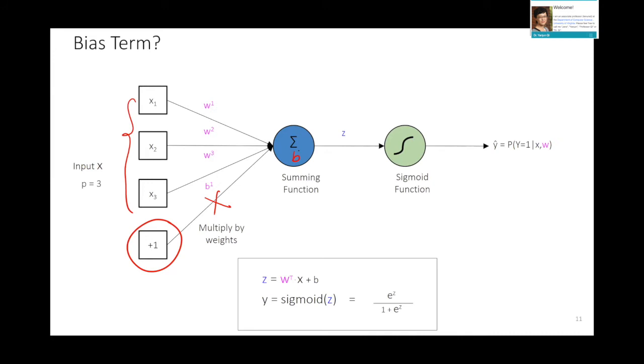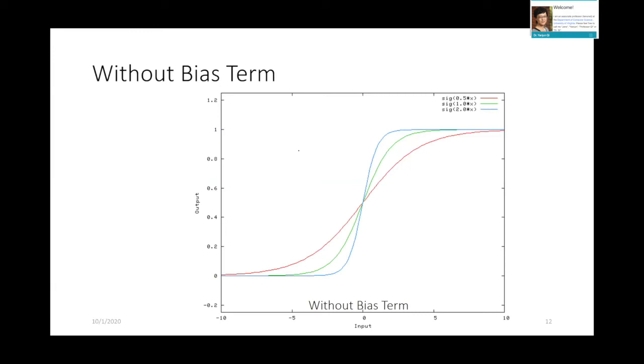The reason why we need that bias term is very clearly described by this figure. If we don't have a bias term, we don't learn the bias parameters. This x-axis is just a one-dimensional x, and let's think of this output as the sigmoid of z, where z equals alpha x.